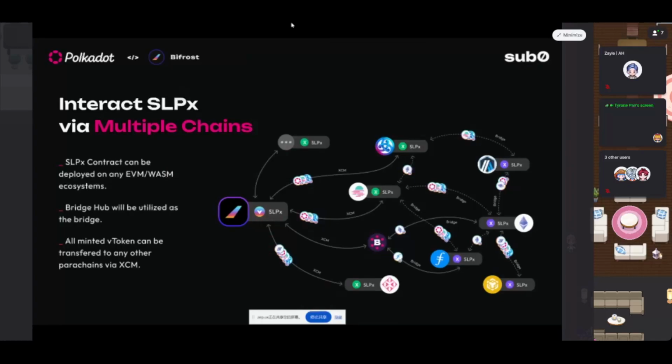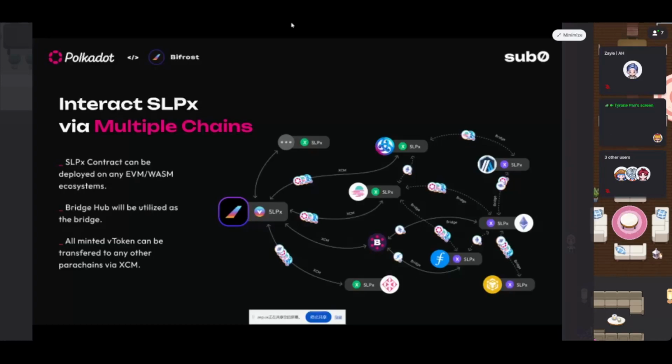This is a summary of SLPX. If you look at this framework, Bifrost is working with several parachains, teleporting several V tokens to destination chains.